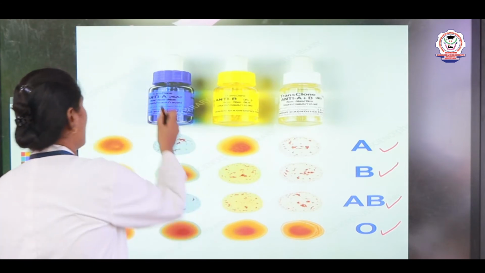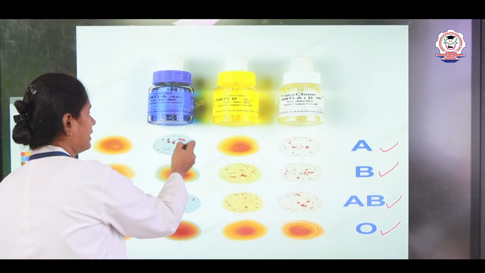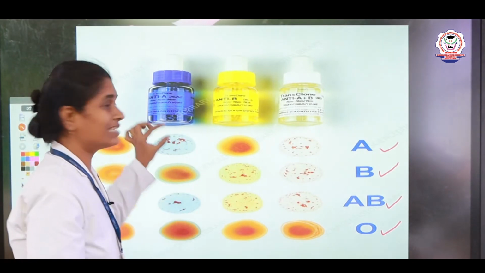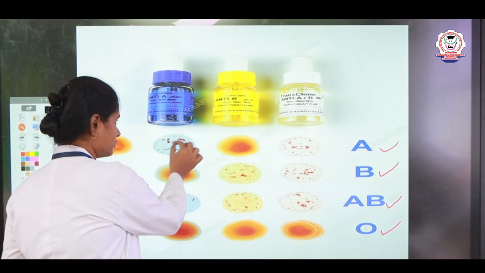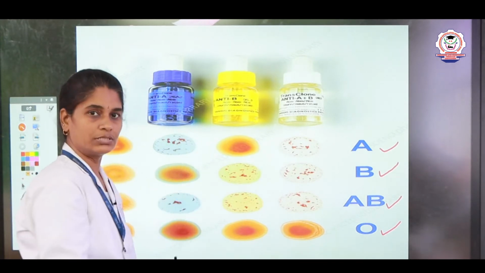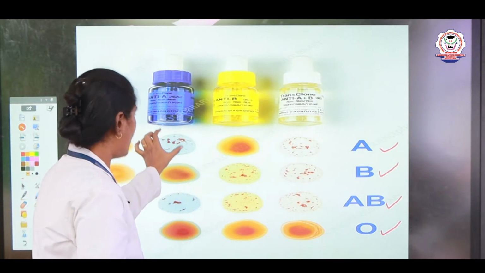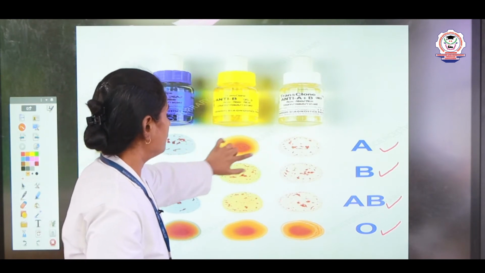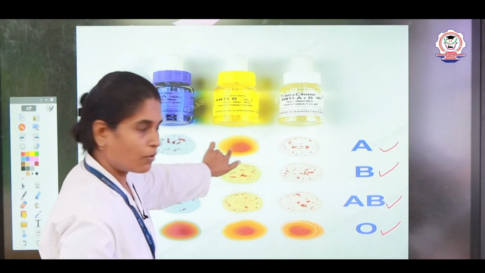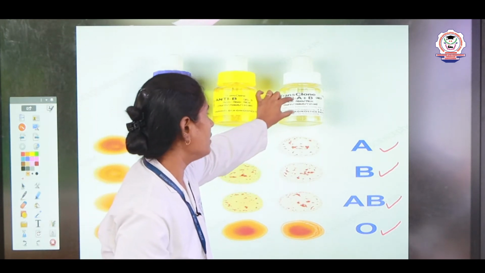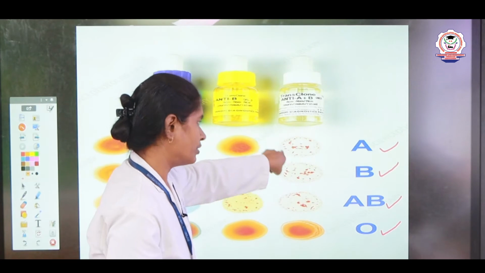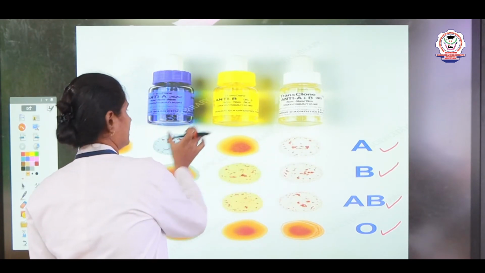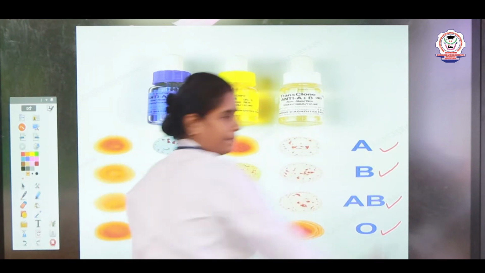So if anti-A is added to the blood and there is agglutination, what does agglutination mean? You can see some small solid-like substances formed, right. And when anti-B is added to that blood group, no agglutination is formed, and when anti-A and anti-B are both added to the blood group, agglutination is formed. So when the agglutination forms in this one and this one, we call it A blood group.